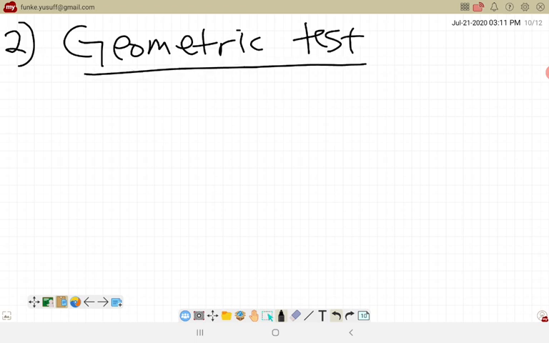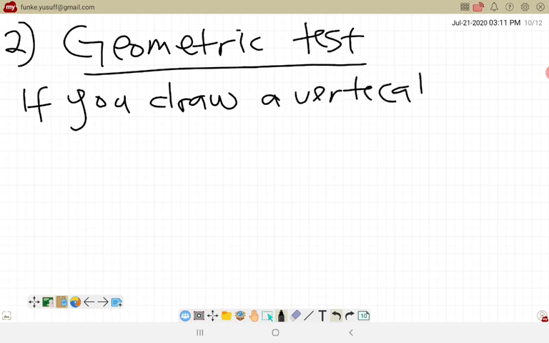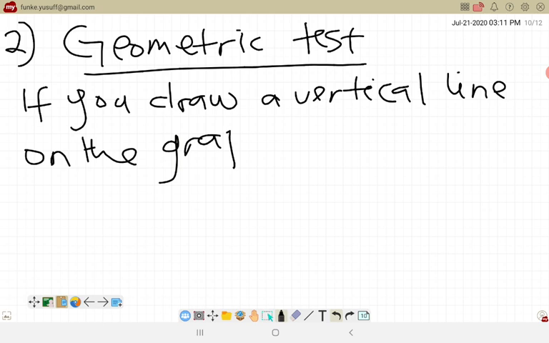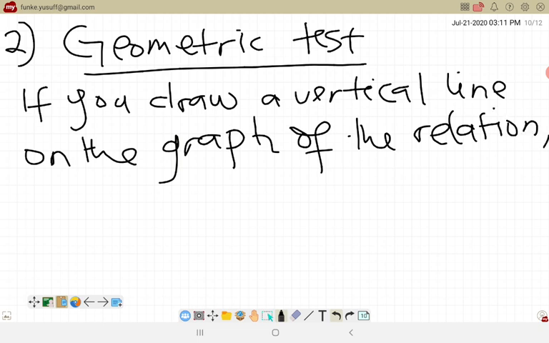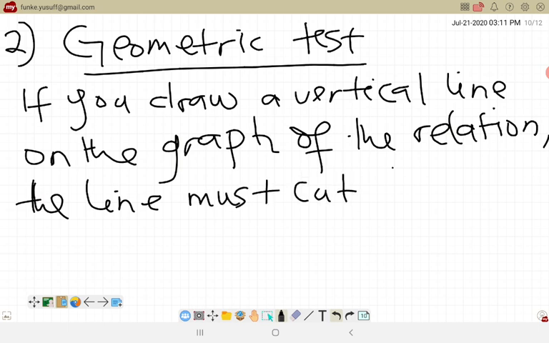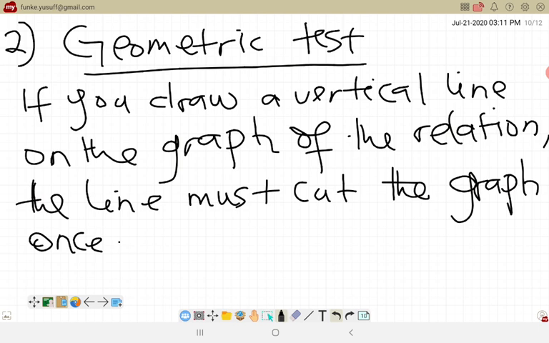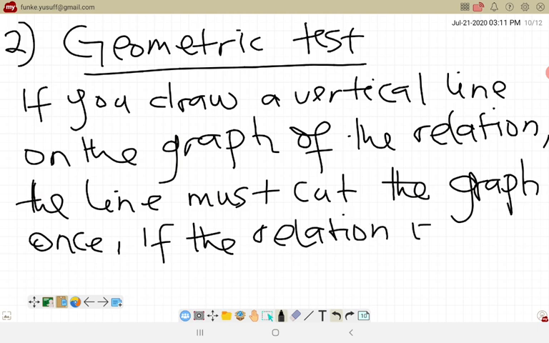So in the geometric test, if you draw a vertical line on the graph of a relation, the line must cut the graph once if the relation is a function.